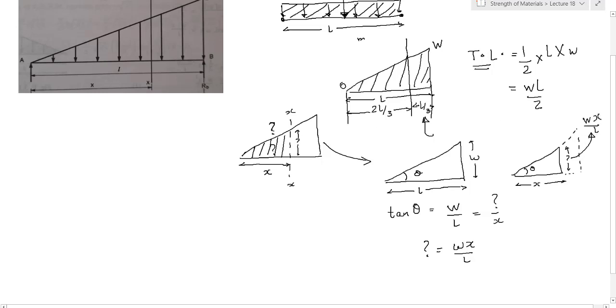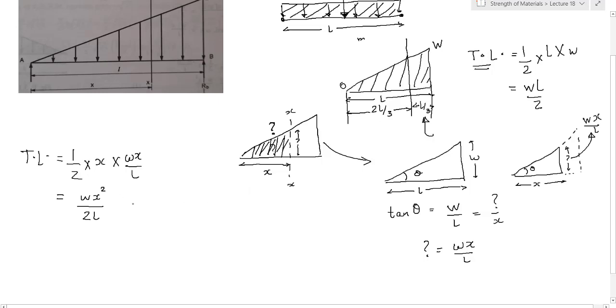So what will be the total load applied? What is the total area? Half into base into height. So total load will be half into base, which is X, and height, which is Wx by L. So what is the total load applied? Total load applied is Wx squared by 2L. And where is it acting?